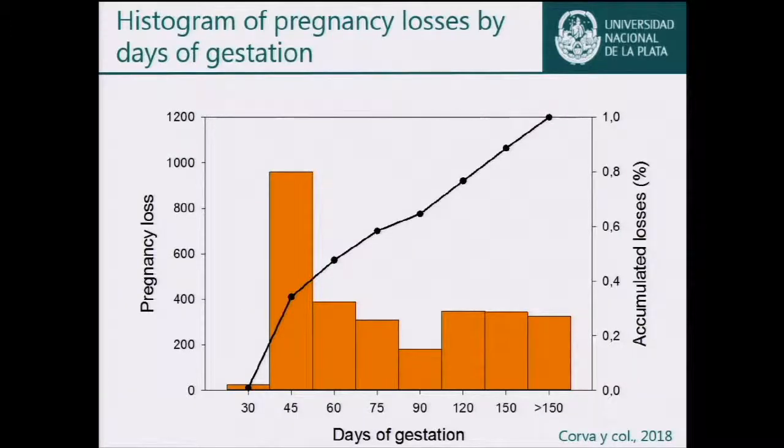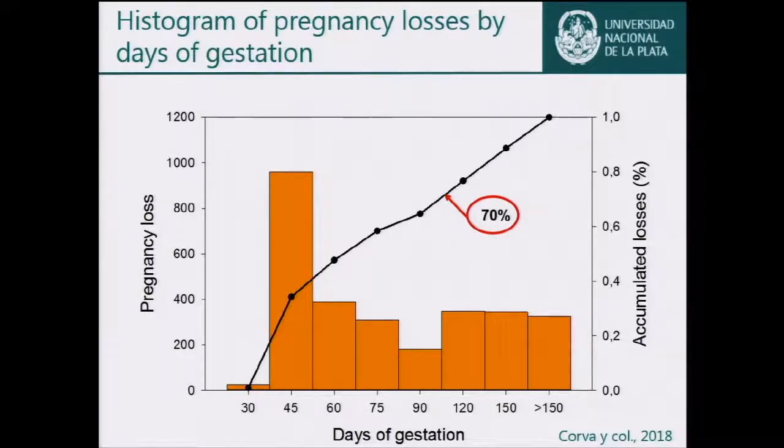And here you have a histogram just to make things easier, so you can visualize when the pregnancy losses took place along the gestation. So you can see that most of the pregnancy losses occur during the first 45 to 60 days, and then they went along all the way until day 150 and plus, and about 70% of the accumulated losses took place around 110, 120 days of gestation.